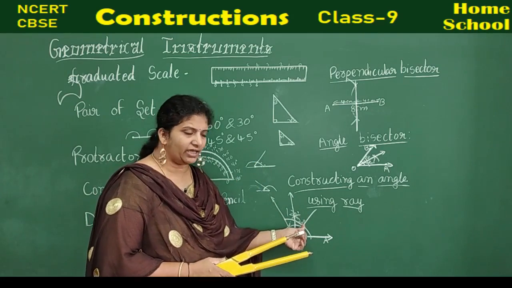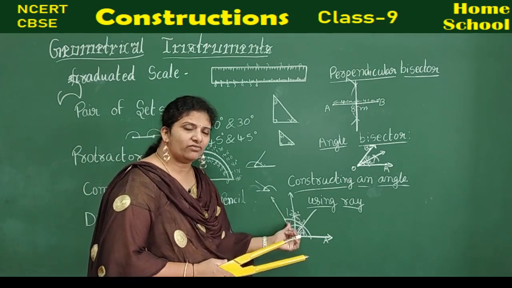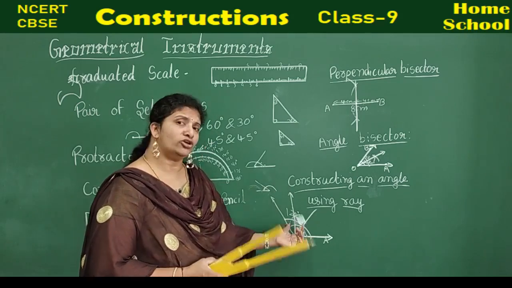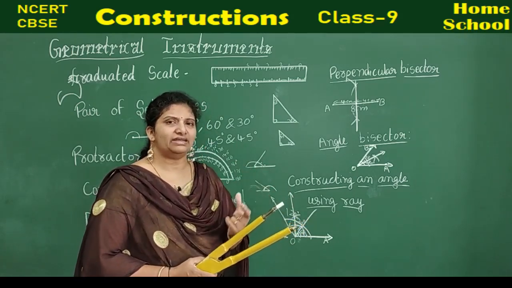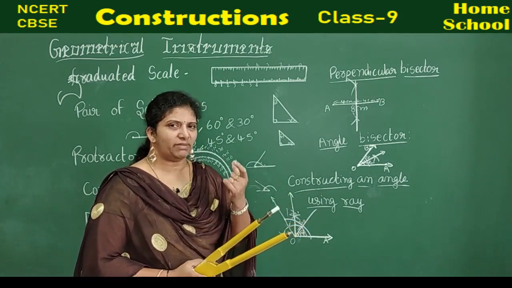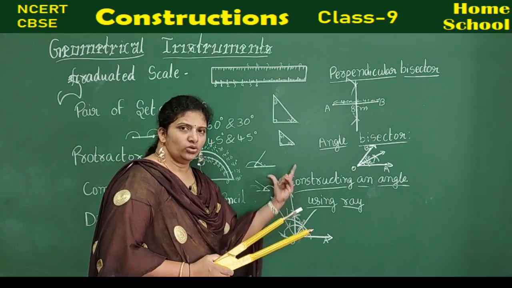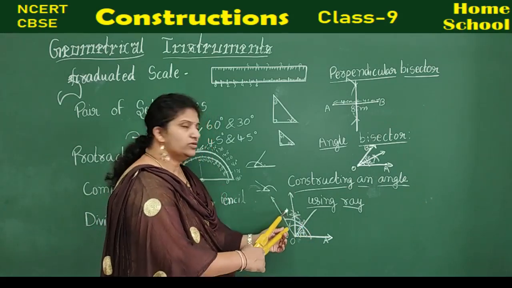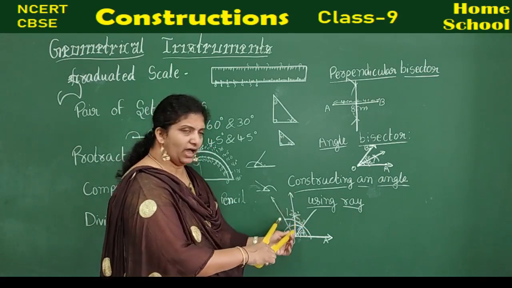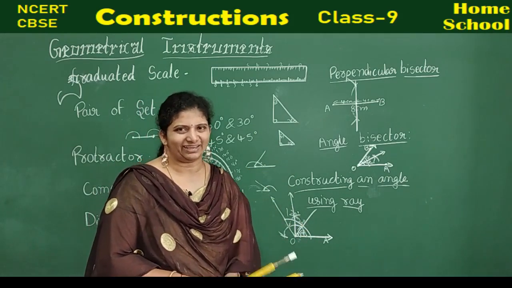From that arc again draw an arc on the semicircle, and that arc will be 120. If you want to draw 90, imagine where 90 is: between 120 and 60, the middle will be 90. So for these two angles, you need to get a bisector. From here, draw an arc, cut the arc, join, and you are going to get the 90 degree angle.